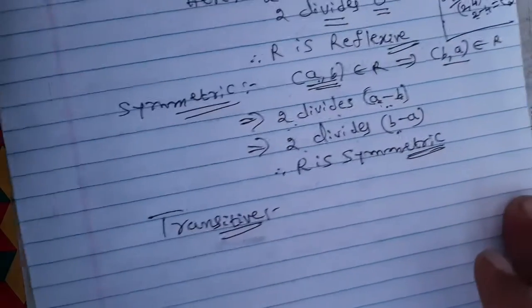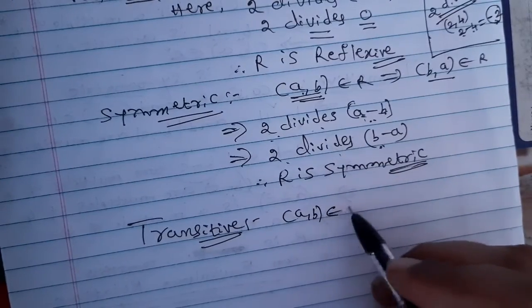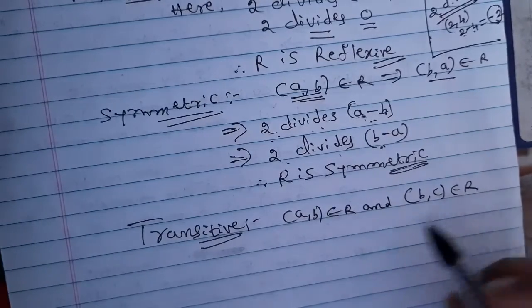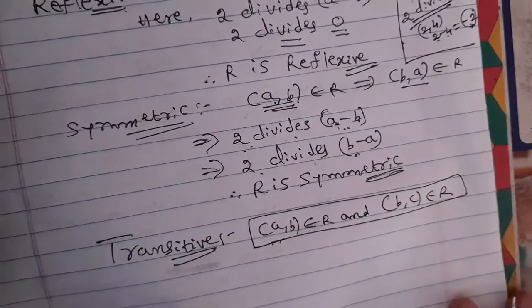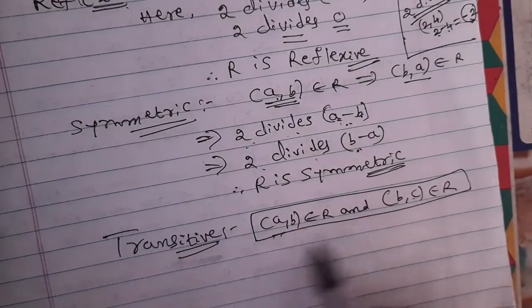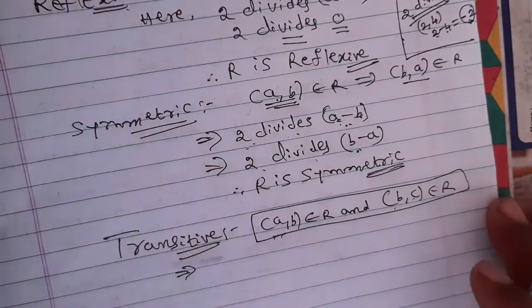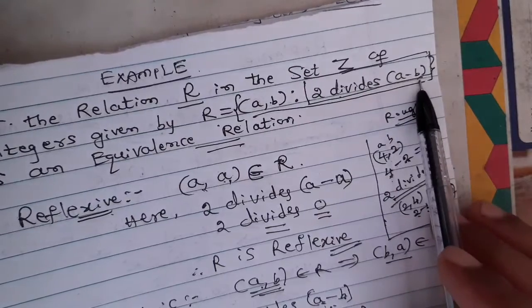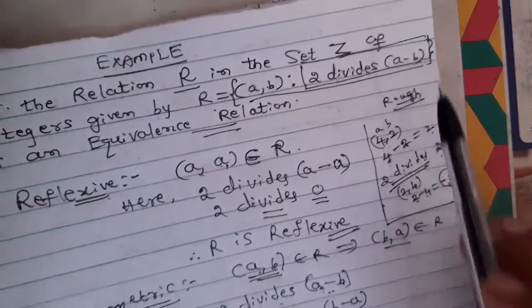Transitivity. So we shall prove it. As we all know, for the transitive property we have to take 2 pairs like (a, b) and (b, c). This is very, very important. You apply the definition to these 2 pairs. Here in the problem, they have given 2 divides a minus b, isn't it? 2 divides the difference, that is the meaning here.